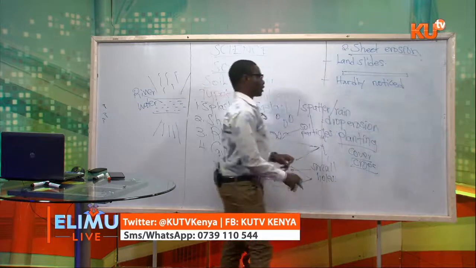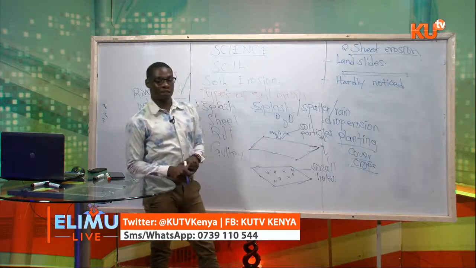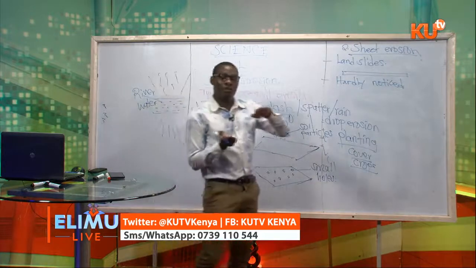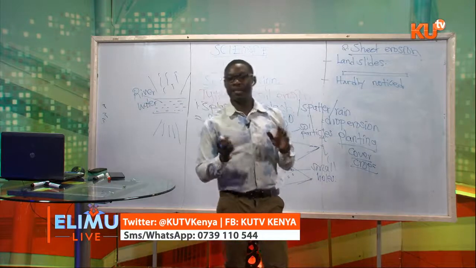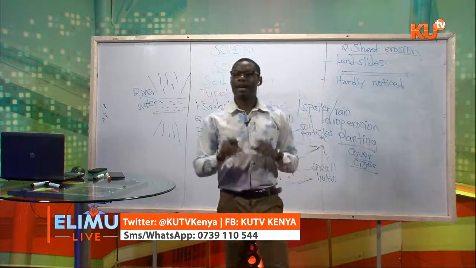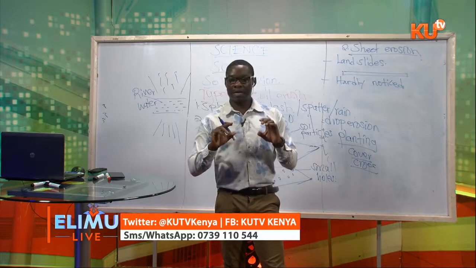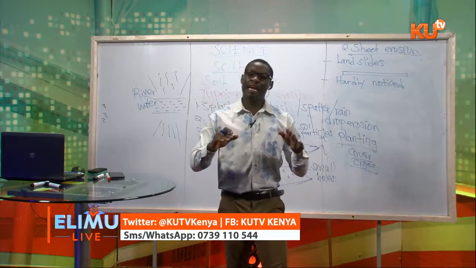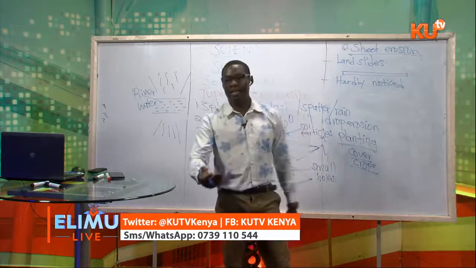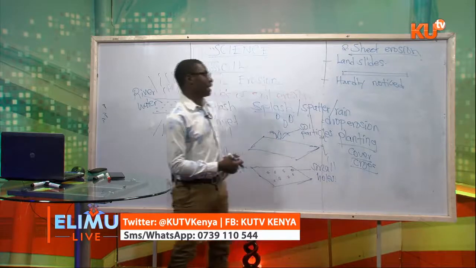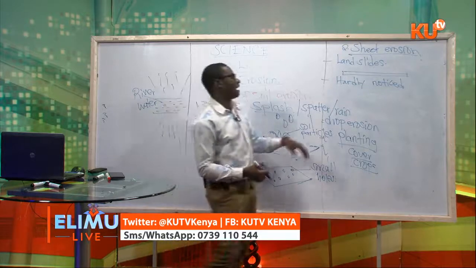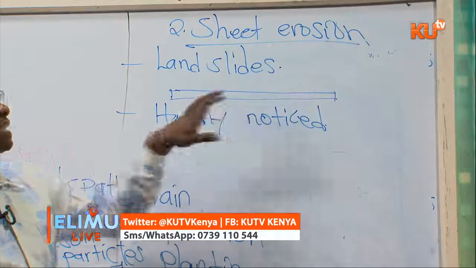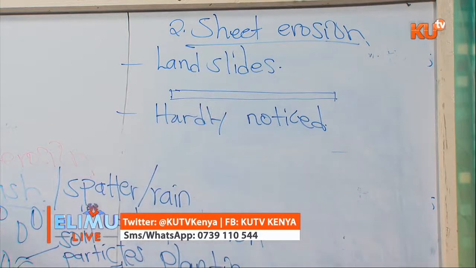Why is it that sheet erosion is hardly noticed? Because it carries a uniform layer of soil, such that you cannot see or notice that soil erosion took place. And it occurs on flat land or a gentle slope, not a steep slope.